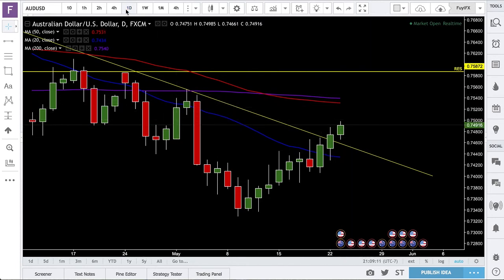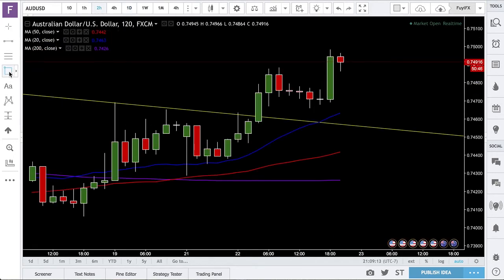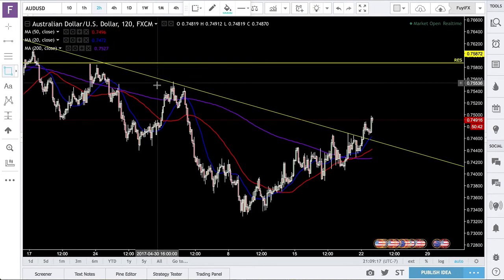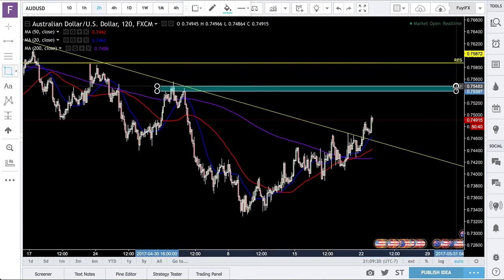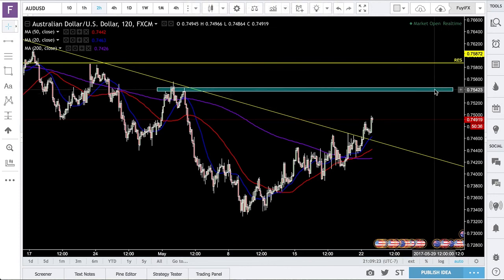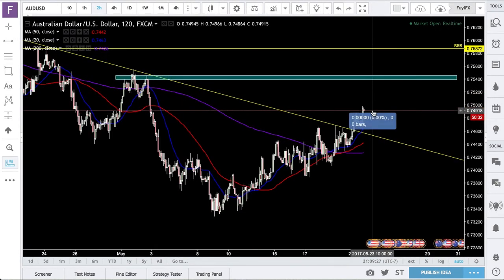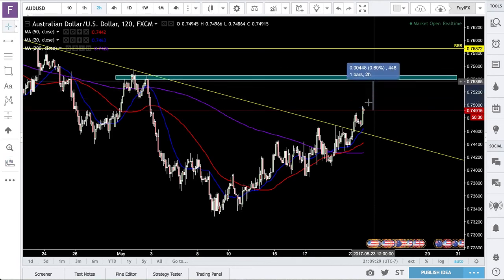So first target, like I said, let's look at the 2-hour time frame right here. This is what we want to see for now. All right, 75.5 is what we'll call it, which, like I said, from its current price, it's about 50 pips.